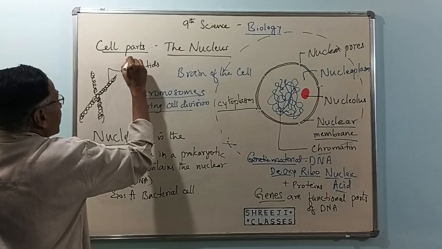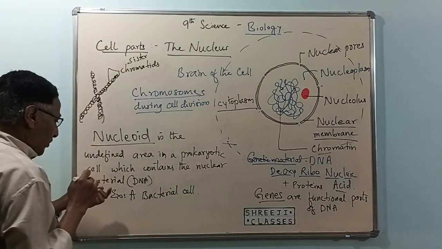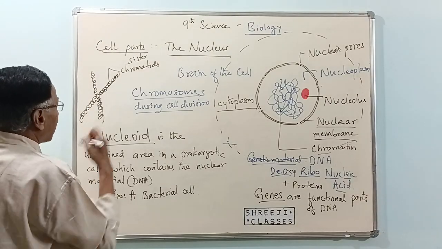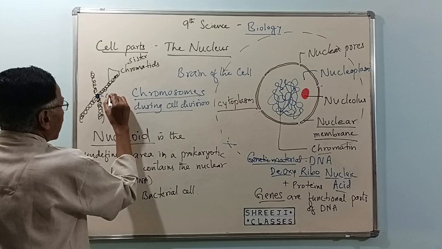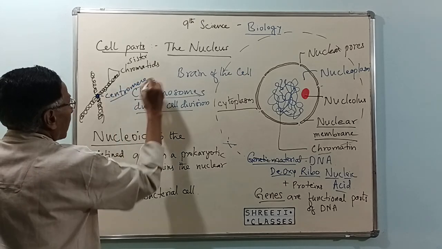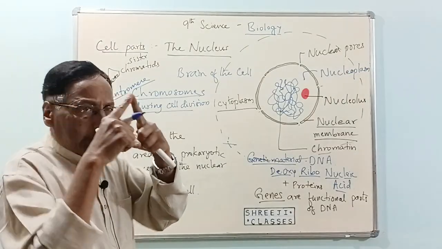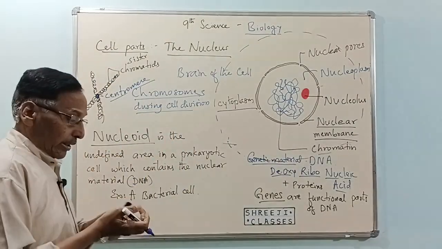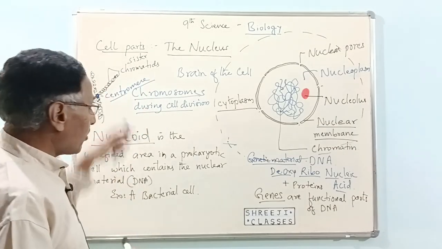We call them sister chromatids. Both the chromatids are held together at a point called the centromere. Only during cell division can you count the exact number of chromosomes.